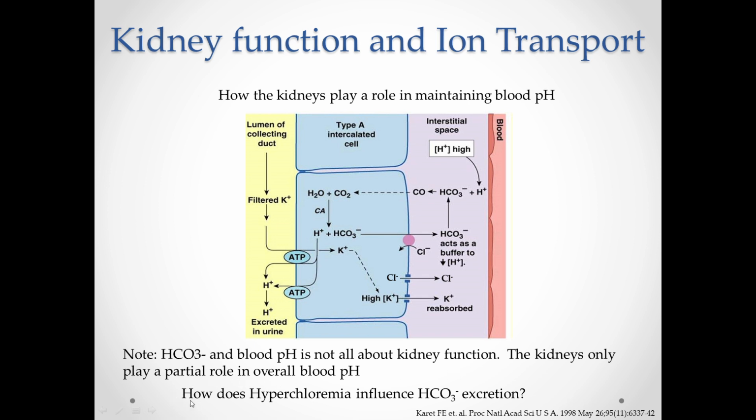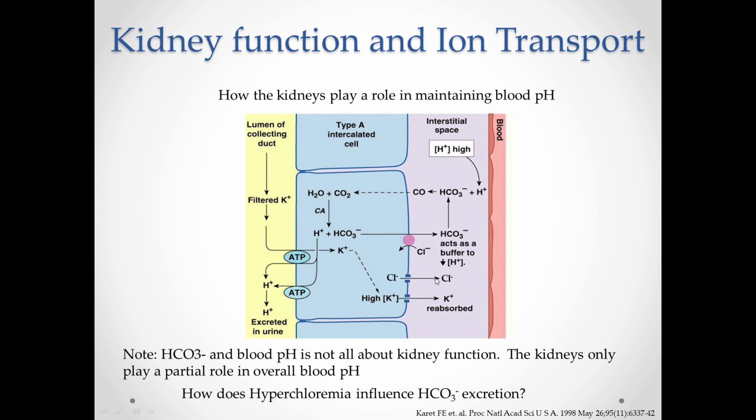I also want you to keep in mind that hyperchloremia, or chloride levels, can influence bicarb excretion. You can see this counter ion right here is chloride. If somebody's bloodstream had an increased, elevated amount of chloride, then although chloride would transport into the cell here, chloride would also have to be counter-transported back out of the cell.